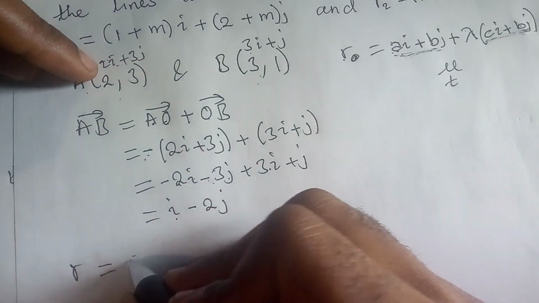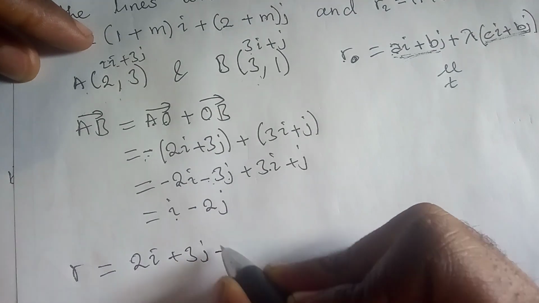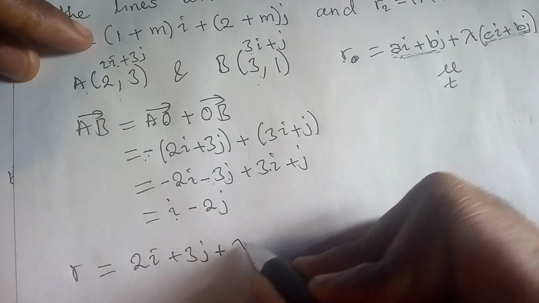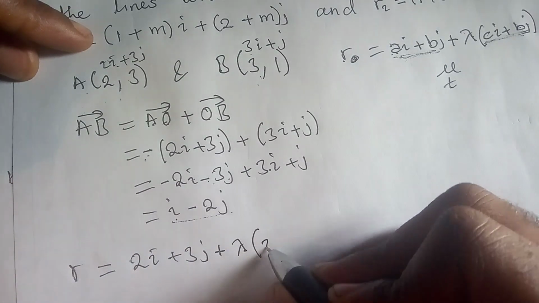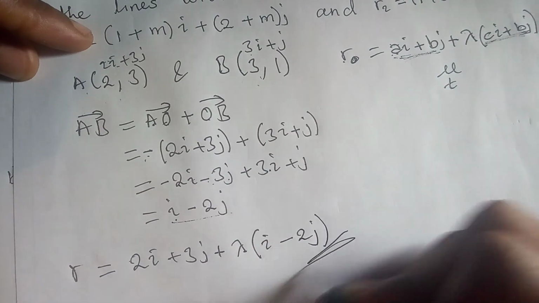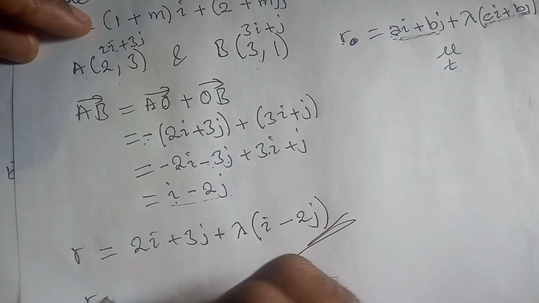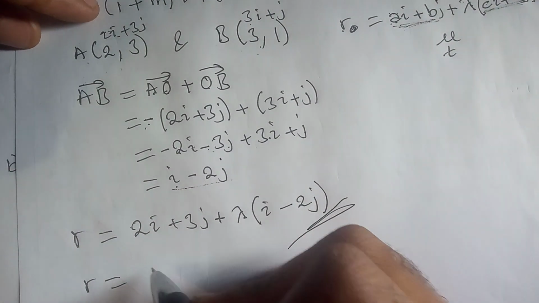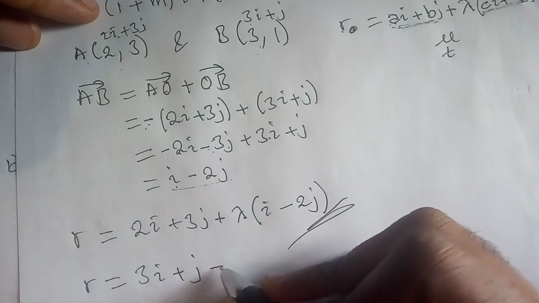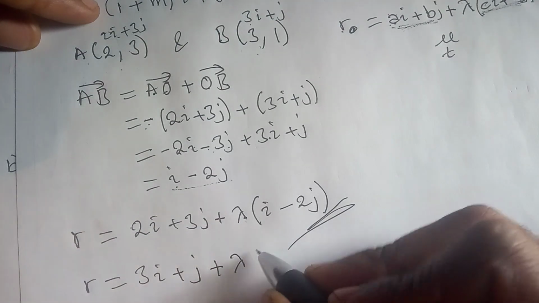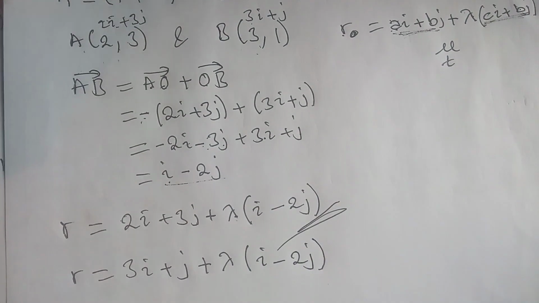If you pick this, your equation will be 2i plus 3j, then plus, let's use lambda. You put the lambda there, and then the direction vector like this, and you are done. Another one can use this point. So these two equations may look a bit different depending on which point you use, but with the right value of lambda, you realize that the two are actually the same.